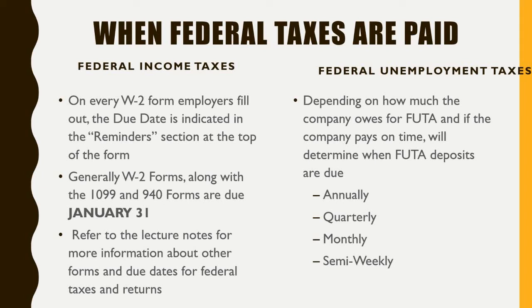So there's also 943. And of course, you also have to process your W-2 forms for your employees, right? Because when you prepare for your taxes, the state and federal will give you the W-2 forms to give your employees, to give them a record of how much you made in payments to them and how much federal taxes you paid throughout the whole year, and then they can use that to file for their personal taxes.